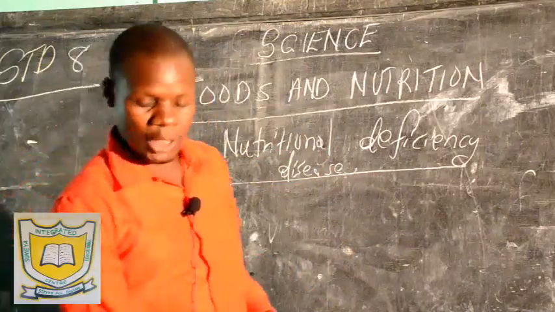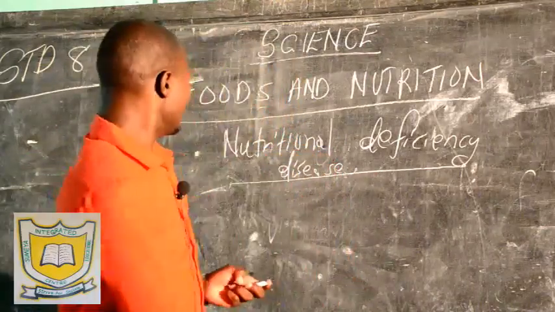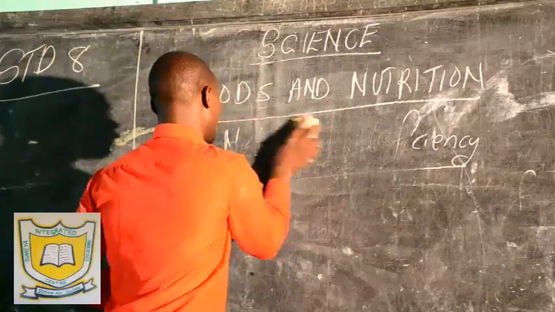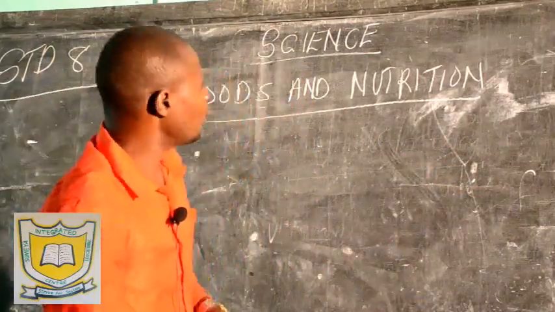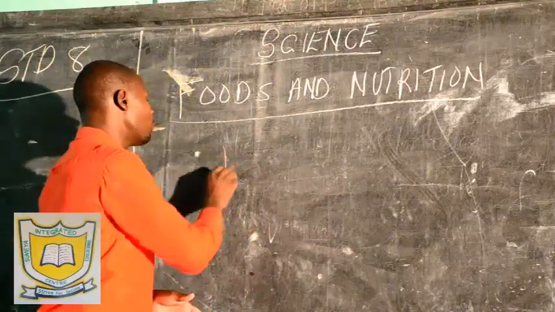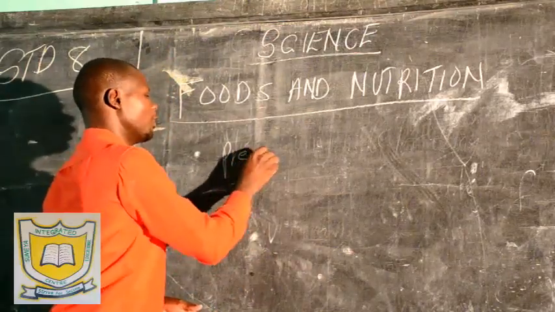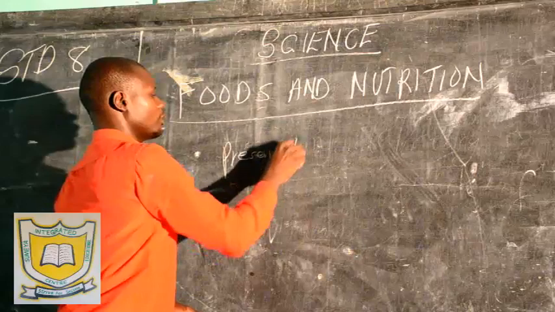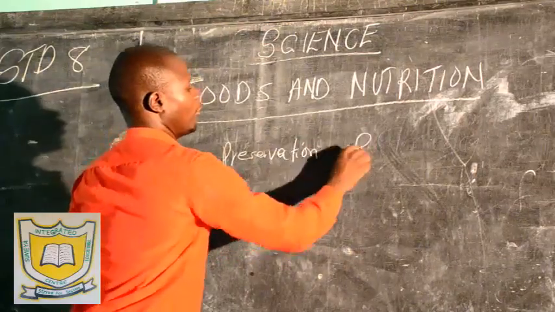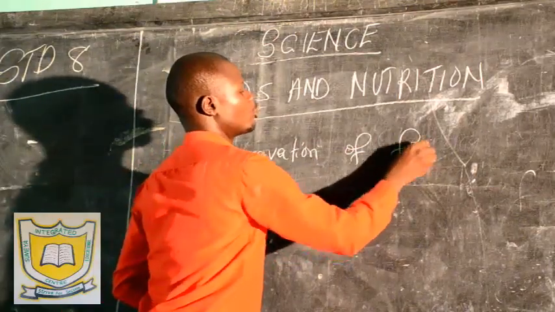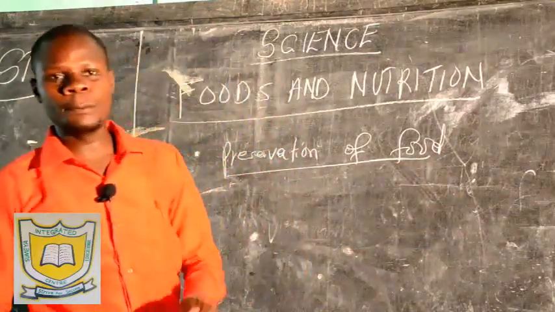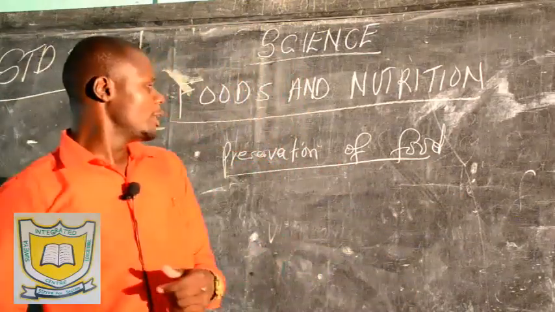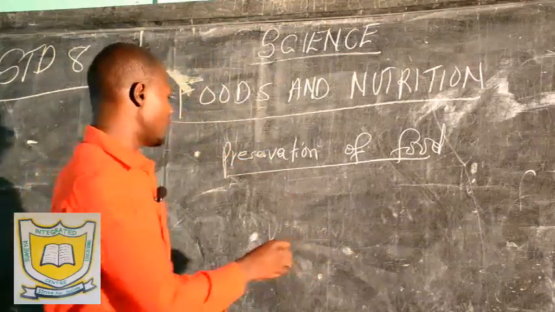They are in course book standard 5. Then in standard 6, without forgetting, you also dealt with what we call preservation of foods, or we can say methods of food preservation. Here you discussed 2 different methods.